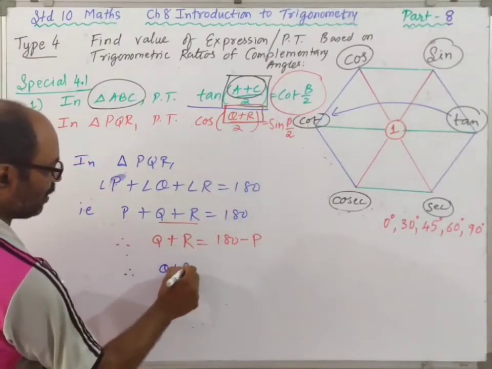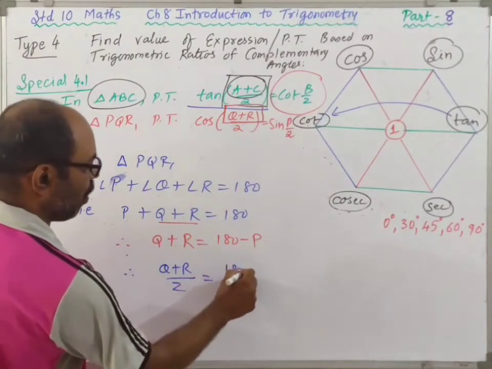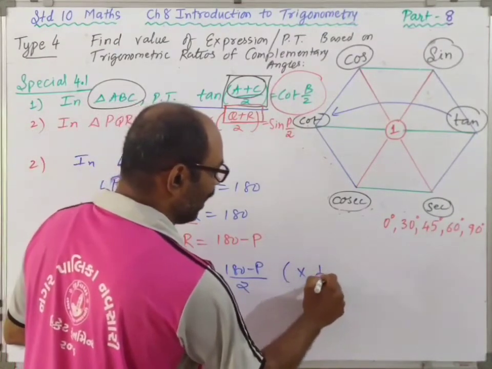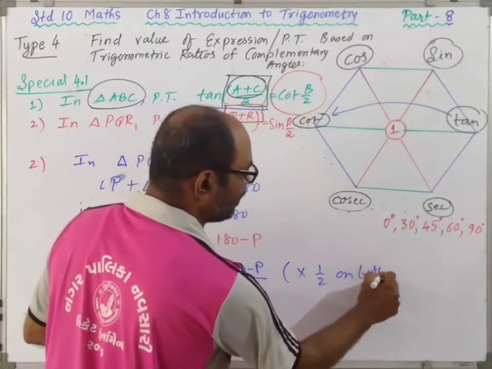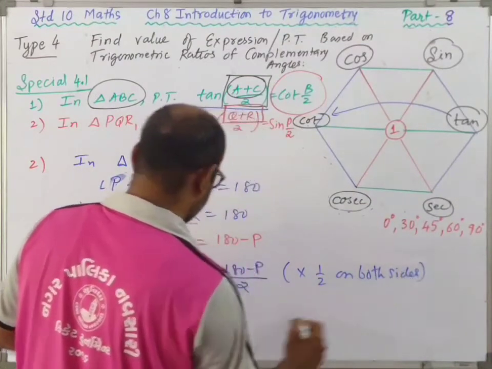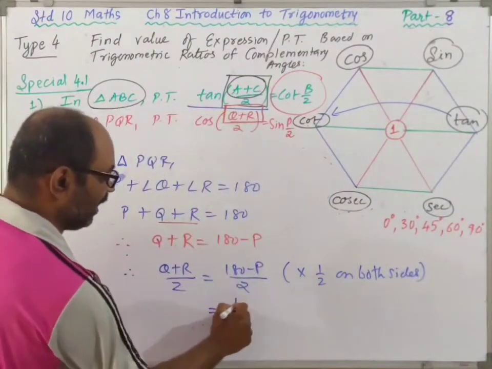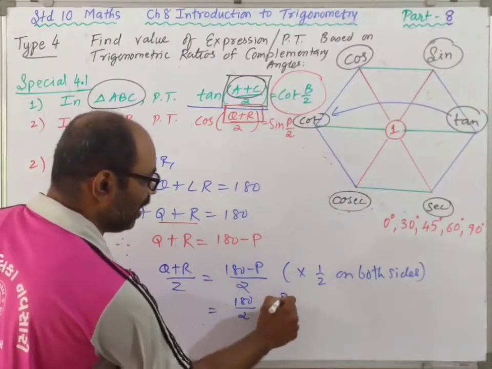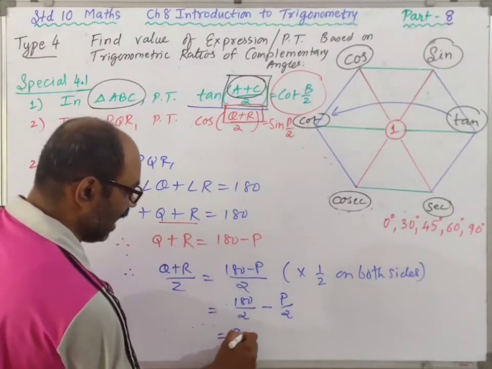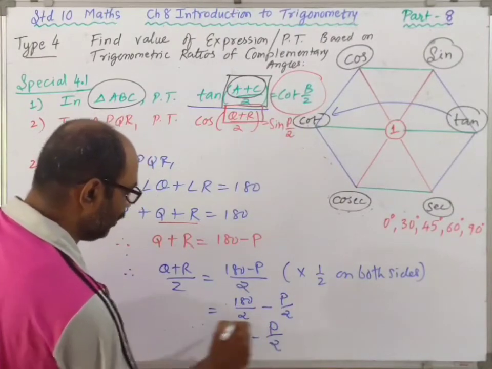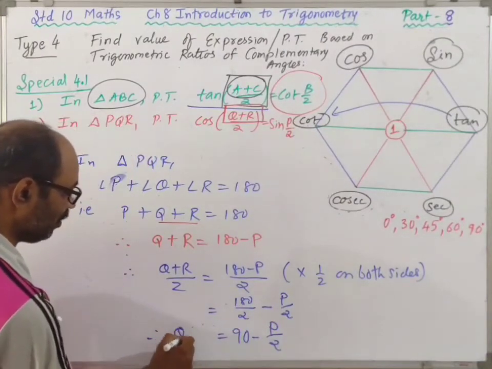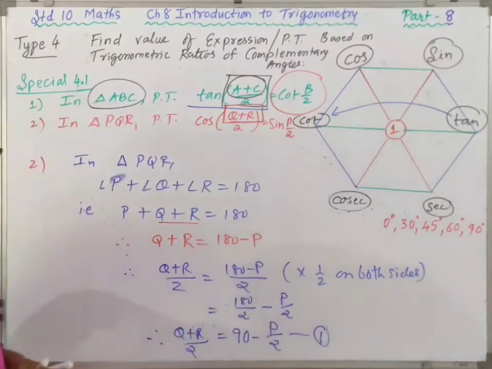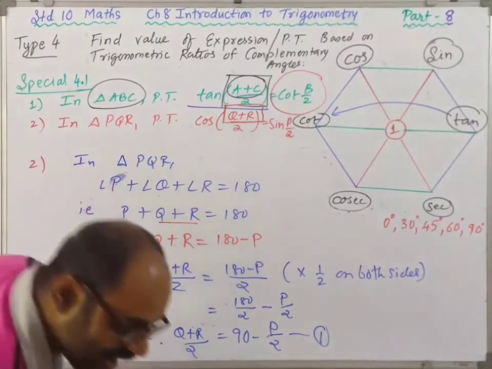So Q plus R by 2 is equal to 180 minus P by 2. Splitting the right hand side: 180 divided by 2 minus P by 2. That is 90 minus P by 2. What is that? Q plus R by 2. Result 1.